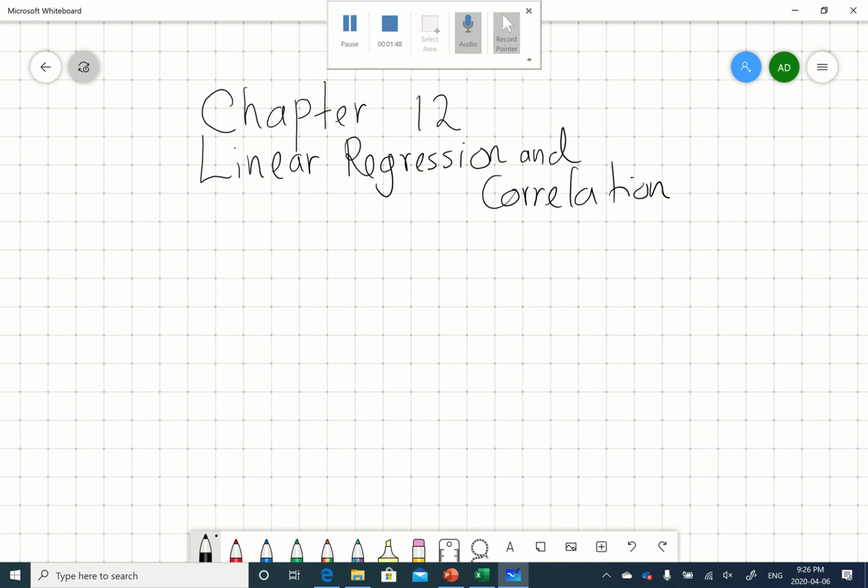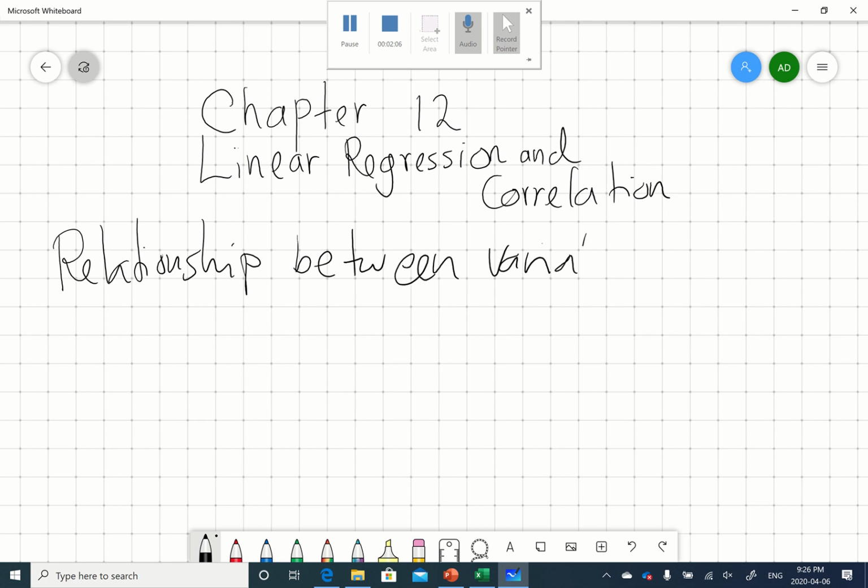When you think about the idea of association between variables, relationship between variables, in practice, sometimes by common sense, by general knowledge, you already have some idea about the relationship.